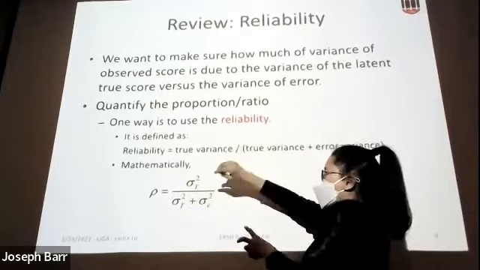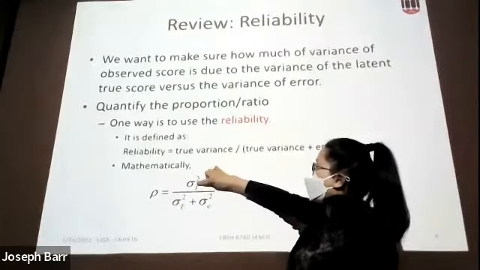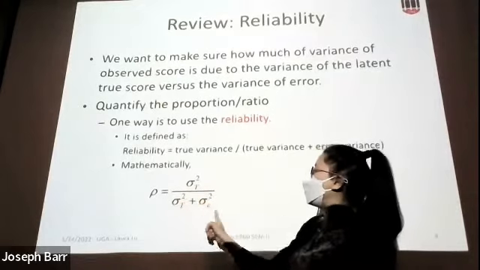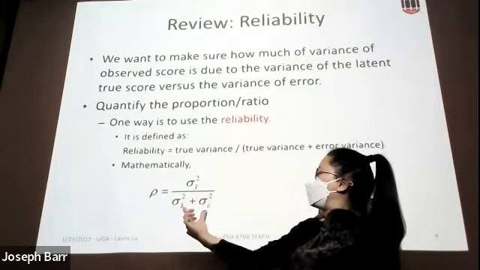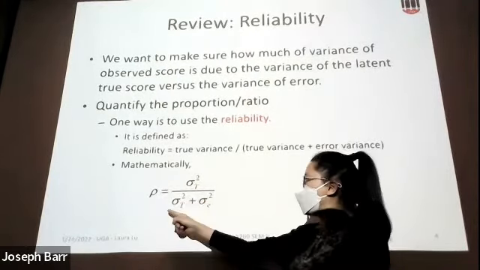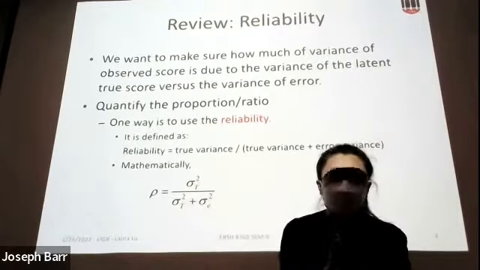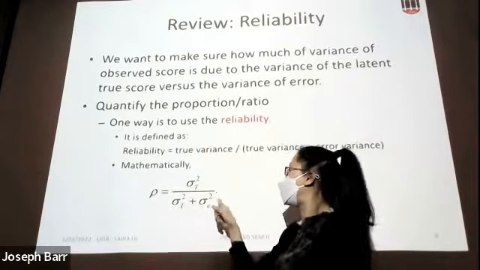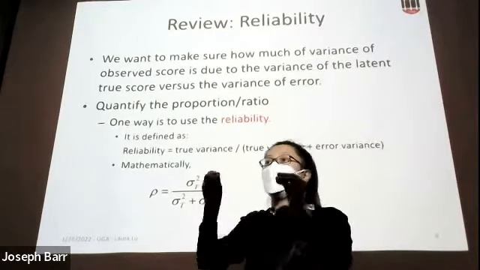It's just a ratio. The top part is the variance of the true score. The bottom part is a sum of two variances. Actually, this is the variance of the observed score, because we have an assumption in the CTT: the true score and the error are independent.